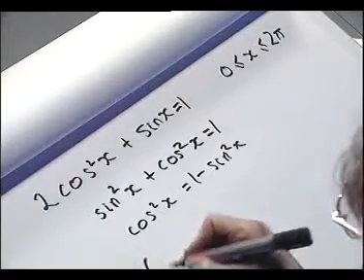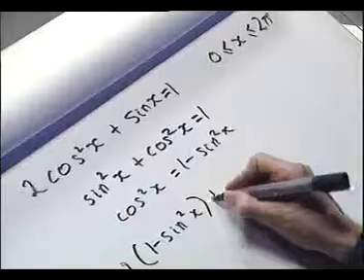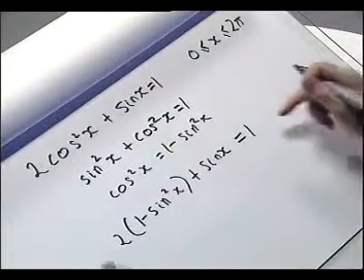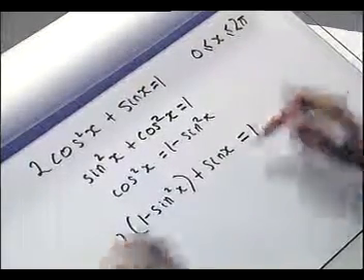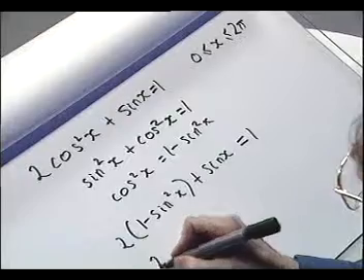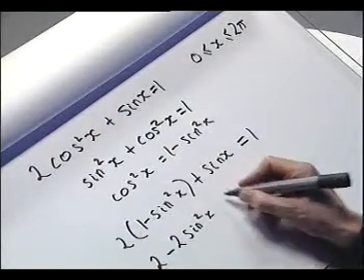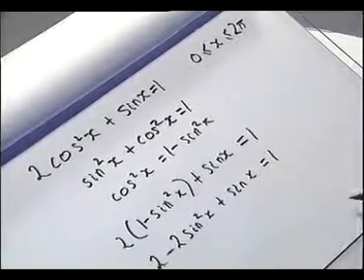Because that, as we will see when we do it, leads to a quadratic in sine x. So let's multiply this out. 2 minus 2 sine squared x plus sine x is equal to 1.